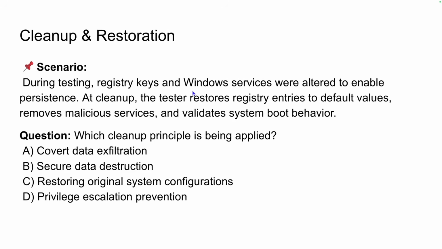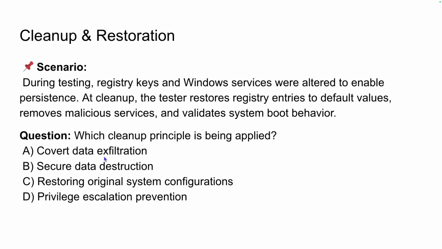During testing, registry keys and Windows services were altered to enable persistence. At cleanup, the tester restores registry entries to default values, removes malicious services, and validates system boot behavior. Which cleanup principle is being applied here? Data exfiltration, secure data destruction, restoring original system configs, or privilege escalation? So they are not covertly exfiltrating data. This is a part of the exercise when you're actually still inside of your pen test.